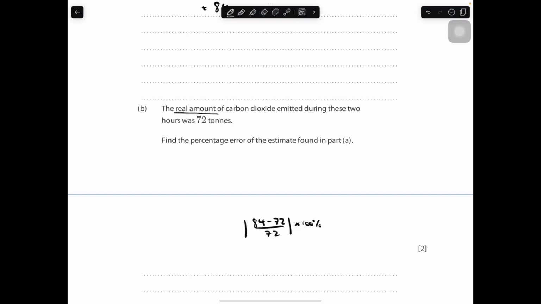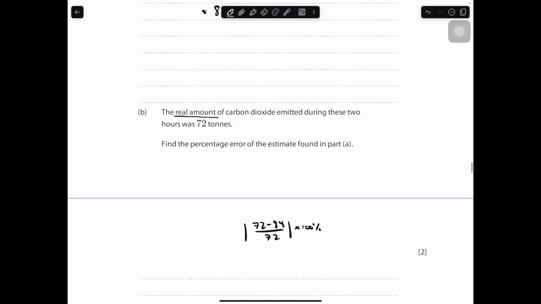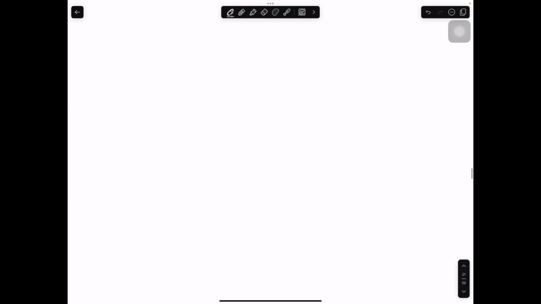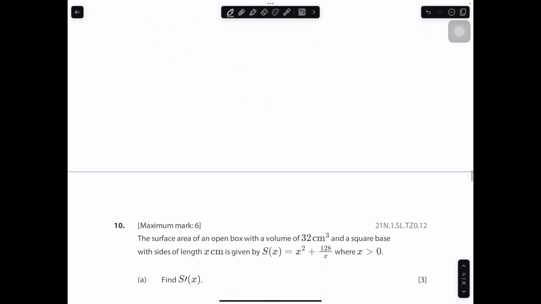Remember, this is an important part. If we had reversed it, for example 72 minus 84, giving us a negative value, we want this always to be a positive value. So divided by 72 times 100, this would give us 16.7%. Always a positive difference. Okay. Good.